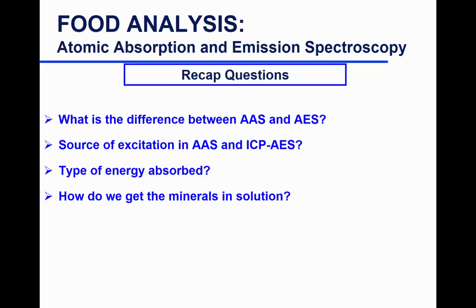What's the type of energy absorbed by the atoms when they are hit by light energy? In the atomic state, what kind of energy does the atom absorb? Remember there are 3 different types of energies.